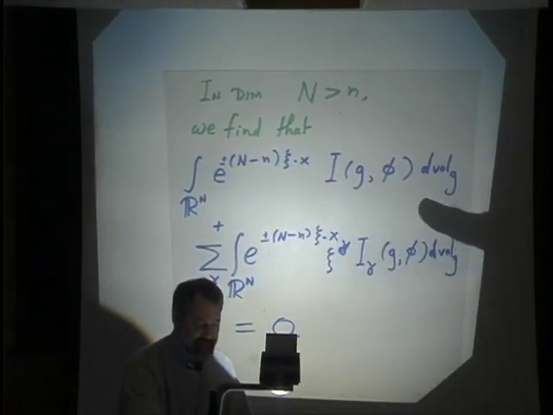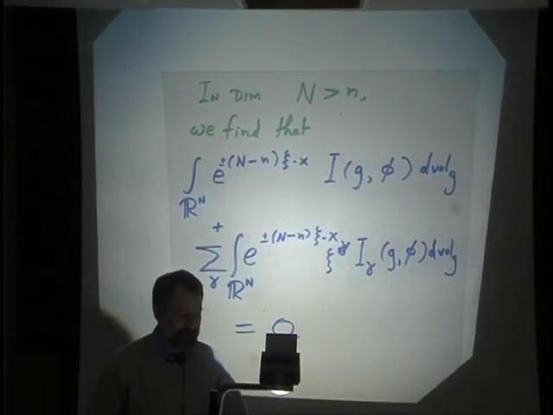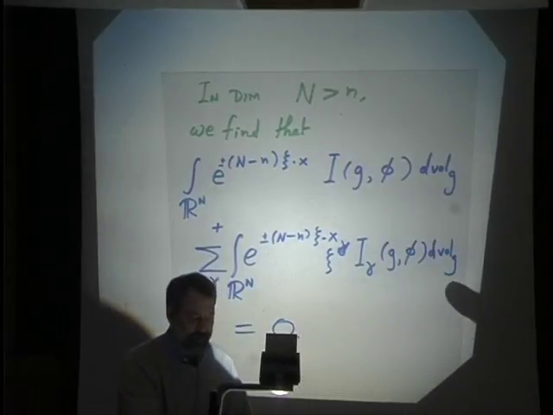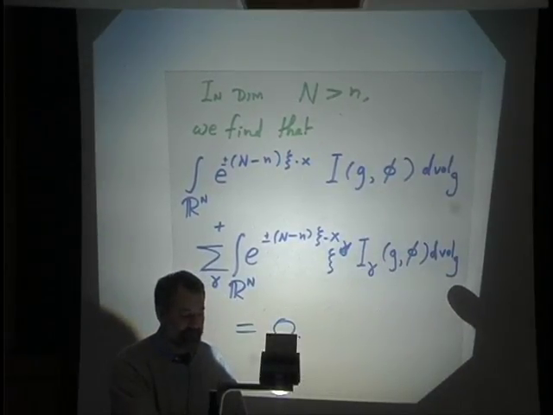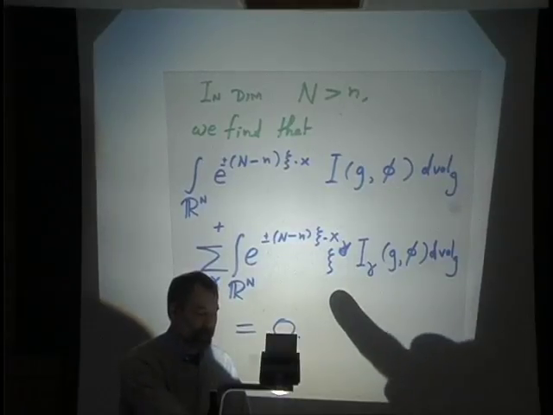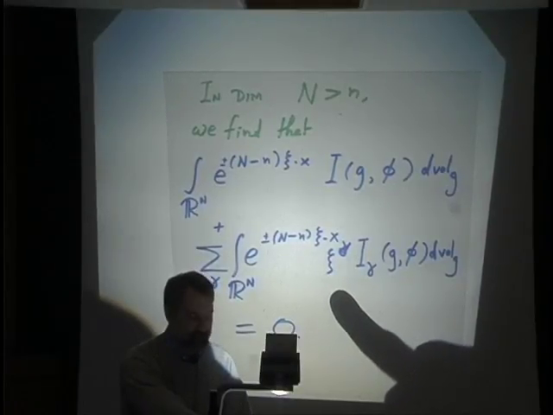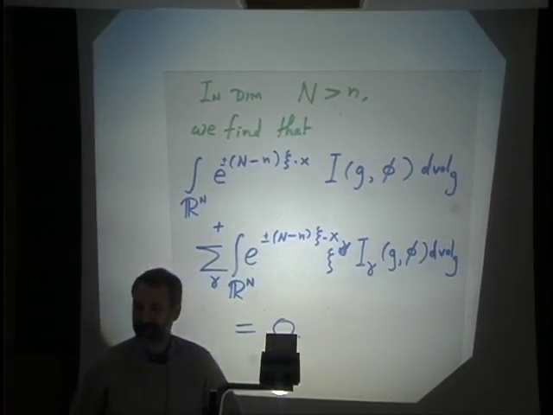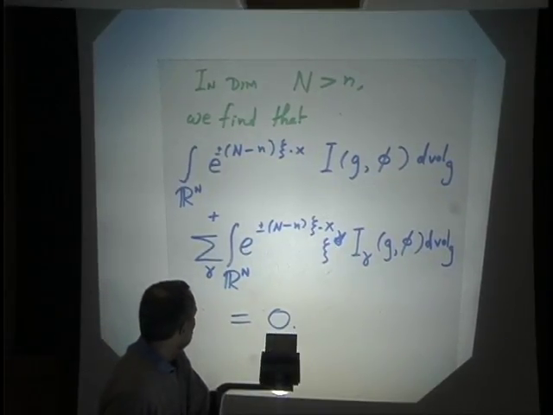These are the terms in which you never differentiate the factor e to the i xi dot x. And here are the terms in which perhaps you do differentiate the e to the i xi dot x, and then you will bring out various powers of xi. So this is a subscript gamma, and that's xi to the gamma. I'm sorry, I didn't write it clearly.